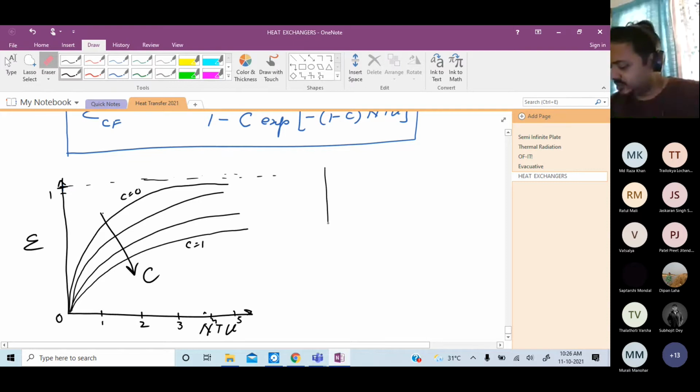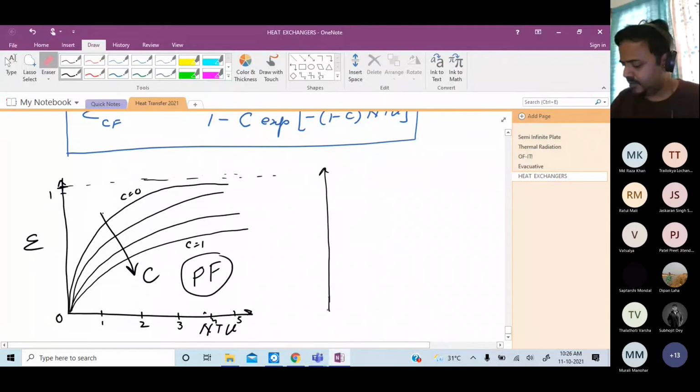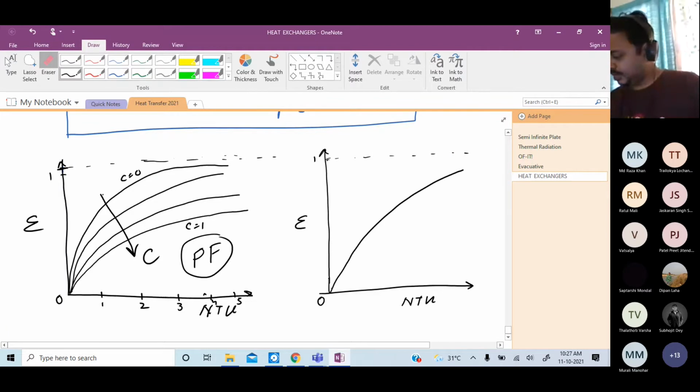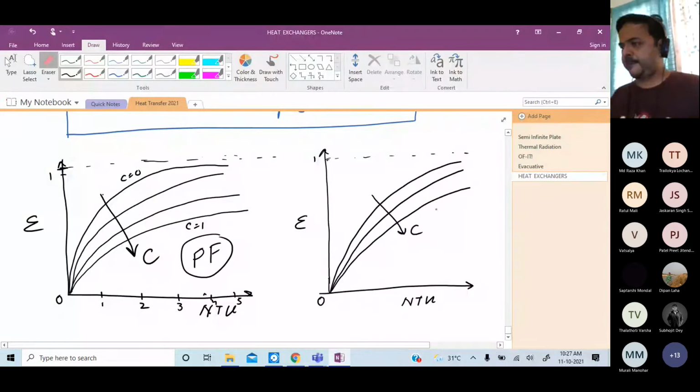And if you want to do the same for counter flow, this is for parallel flow. As we saw, there the curves go something like this.